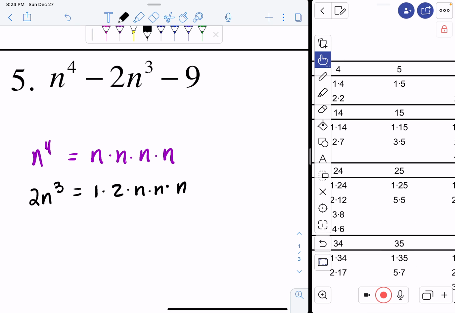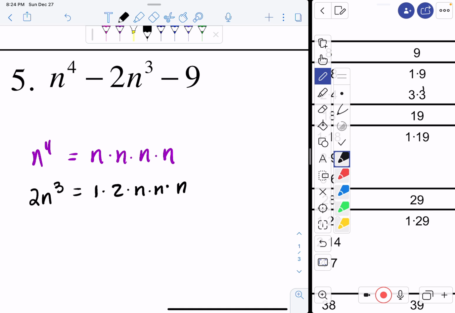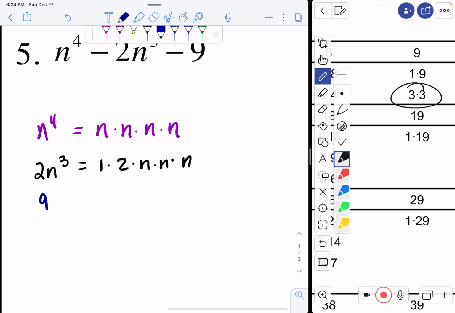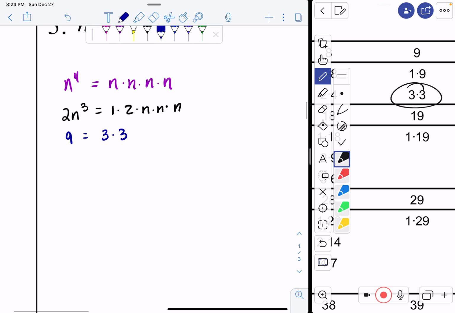And then 9, if you look, I can only break apart into 3 and 3, which I know is already prime. So I can say 9 is 3 times 3. If you look, they have nothing in common. So I actually can't factor this. This is my final answer. Or if you want, you could just say prime.